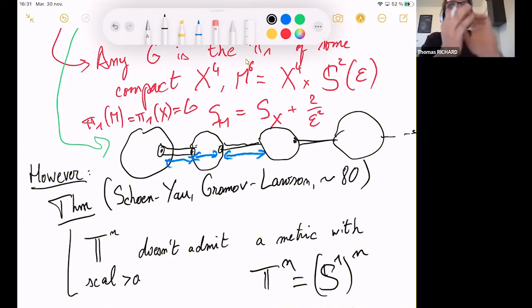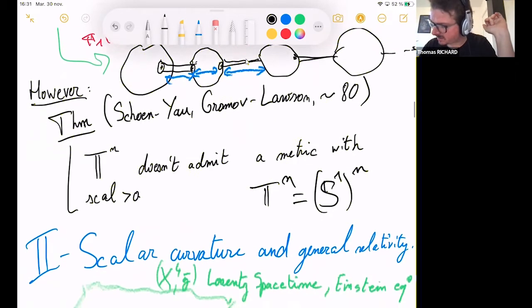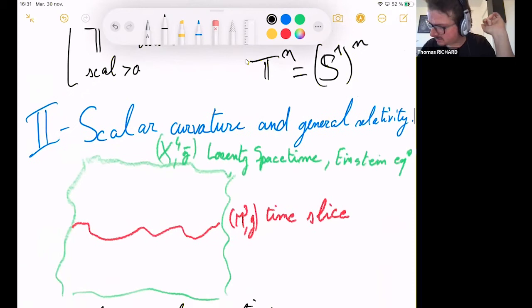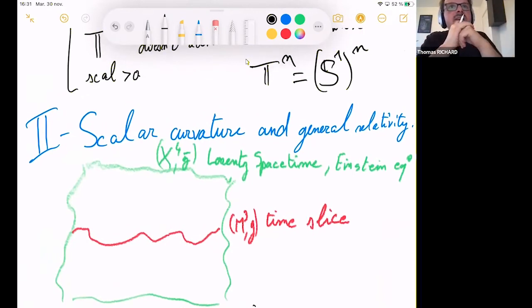Okay, so now, since the seminar is supposed to be about mathematics and theoretical physics, let's make a small detour into things with physical meaning. I will talk a little bit about scalar curvature and general relativity.